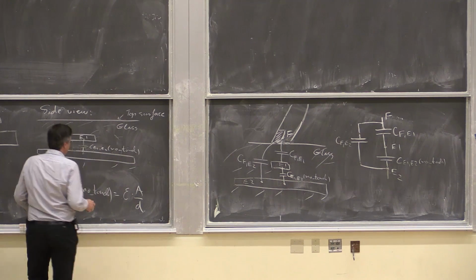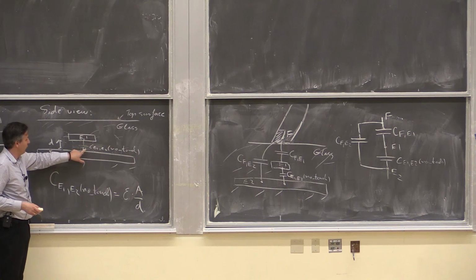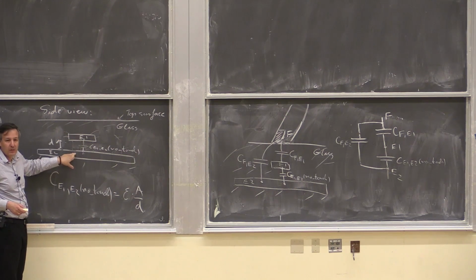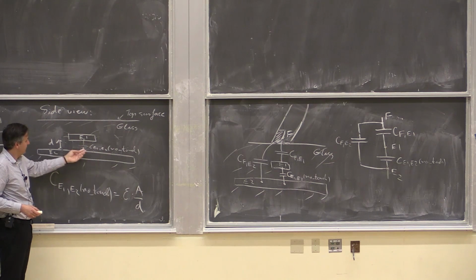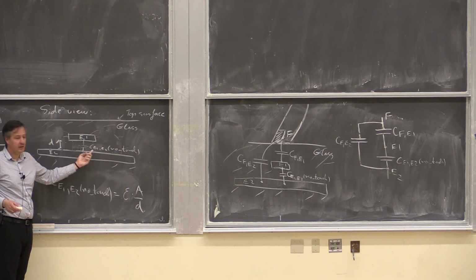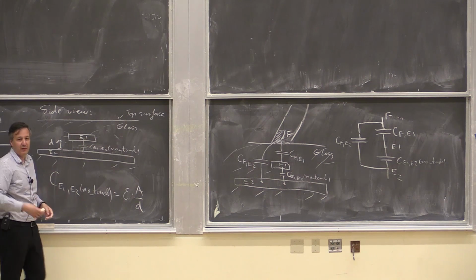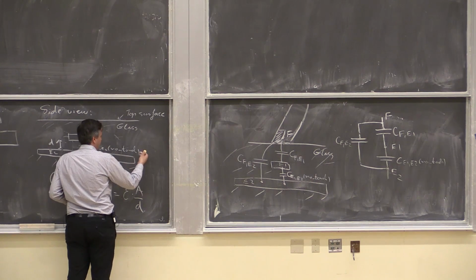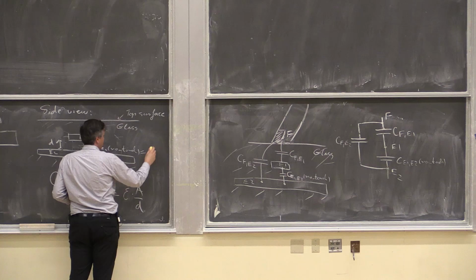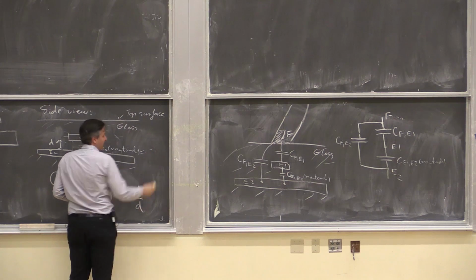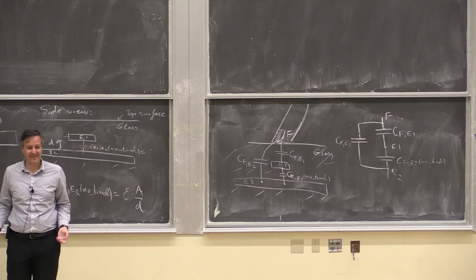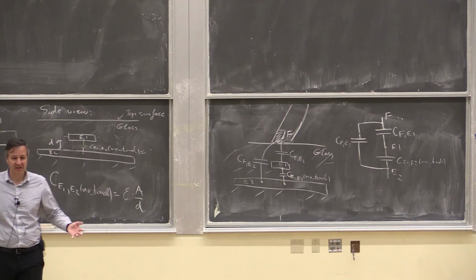So maybe we should just relabel it. The capacitance between E1 and E2 is this one. I just labeled it CE1,E2, no touch. Let's say, should we just call it CE1,E2,N?